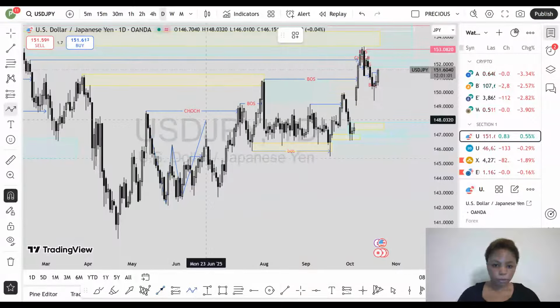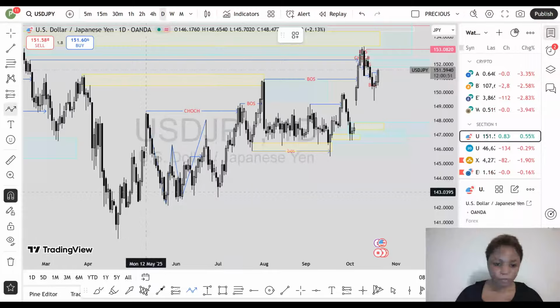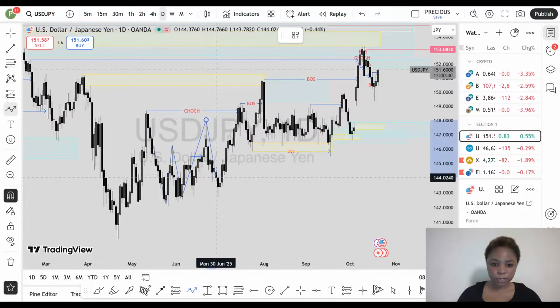So market moved from this level again. The reason why market is giving us this retracement back to this level is because we have a break of structure to the downside here, and then this region here is a sell. We have a supply level here, so market was able to move and we have this sell here.